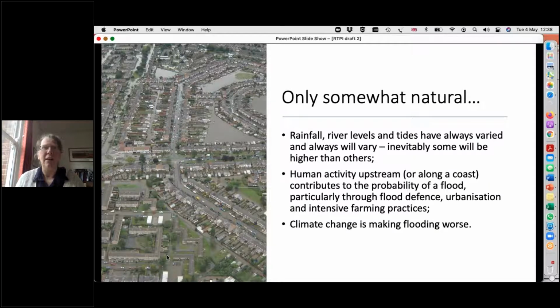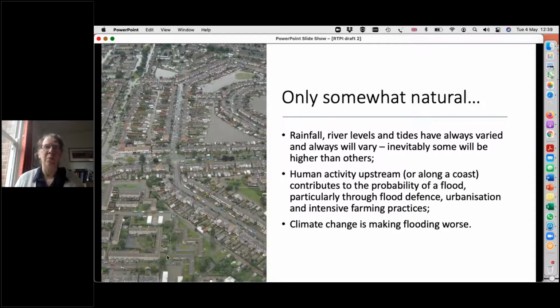Inevitably, some are going to be higher than others, and that will lead to places being temporarily covered by water that are not usually. So technically that will lead to floods. So there is certainly a natural aspect to it. However, there's also a very significant human aspect.